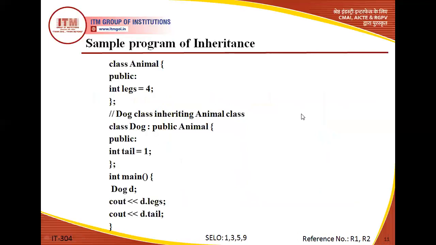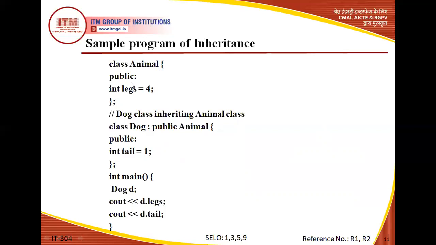So likewise, you can include a class Animal, then public. Here this is the access specifier. By putting this access specifier here, you find three options: private, public, and protected. So you can declare your data members either private, protected, or public.